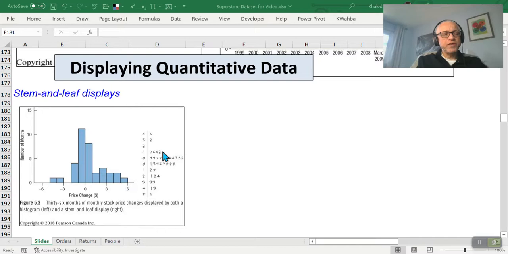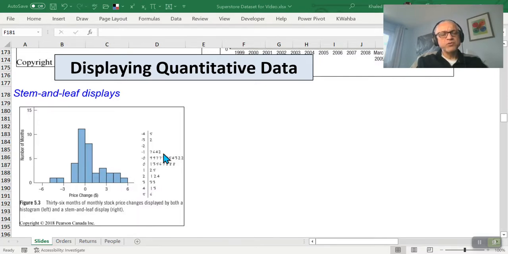I'm going to show you very quickly what stem and leaf means. Most current software no longer shows any option to produce it, because it's only relevant when you have a limited number of data points. When you have hundreds, thousands, and nowadays big data, you cannot use this at all.